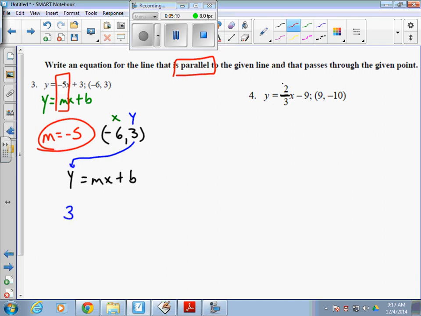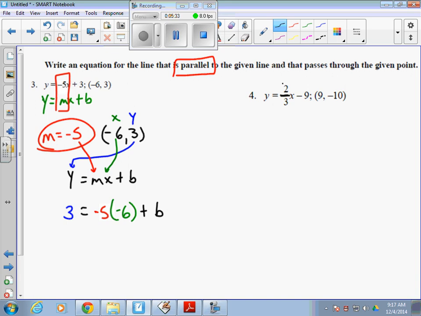Our m value we got from the other equation. It is the same since it's parallel, negative 5. Our x value is negative 6. We'll plug it in right next to the negative 5. It's equal to that, and we don't have a b value, so it's plus b. That's the one we're going to look for.